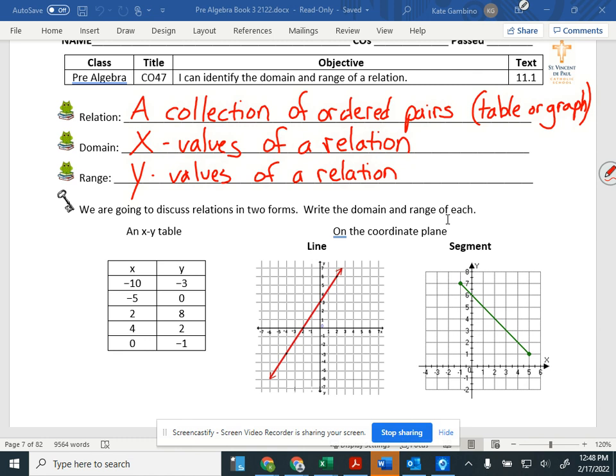We are going to discuss relations in two forms. We're going to write the domain and range of each. So we have our XY table, that function table, and we have our coordinate planes, the graphing. So we can go back and forth between the two.